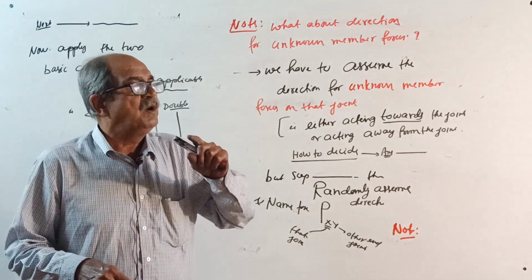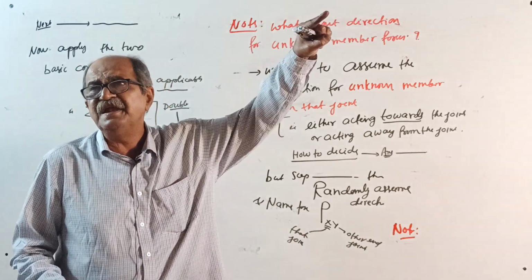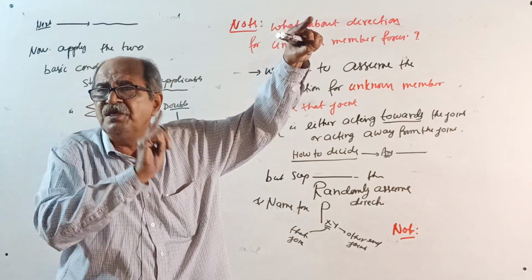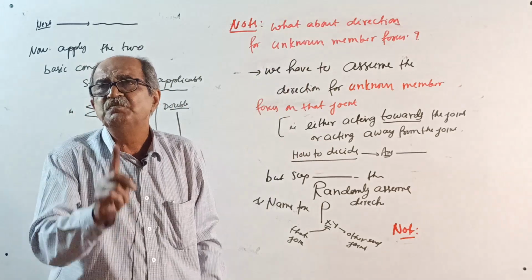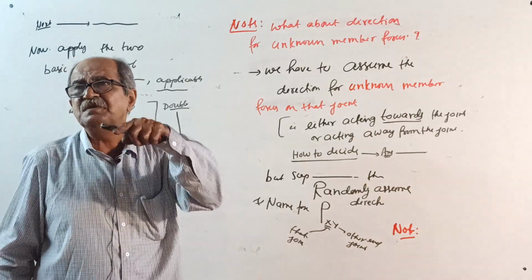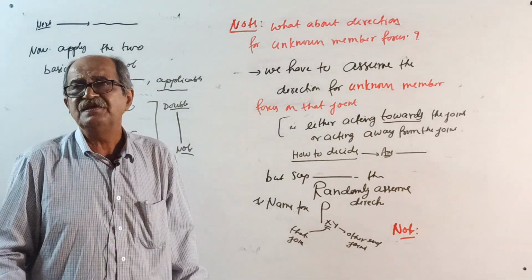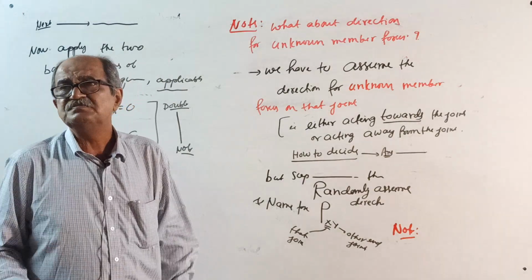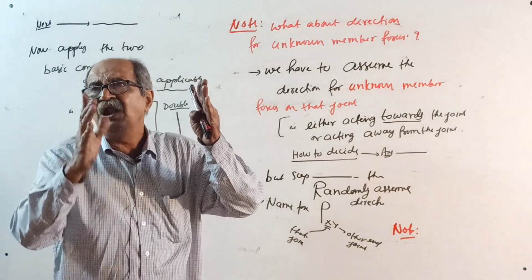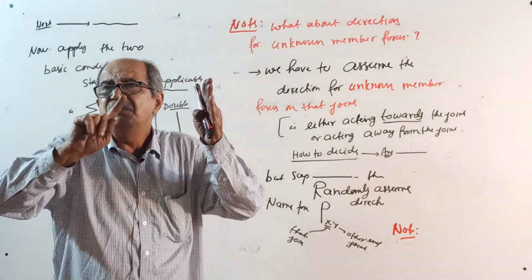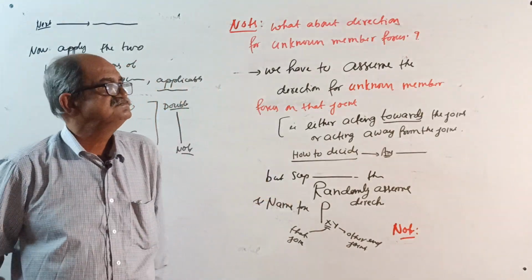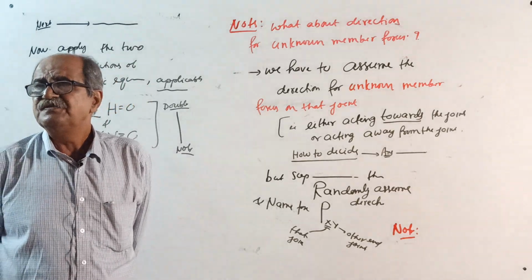If one unknown is inclined and the other is horizontal, eliminate the horizontal by applying sigma V first, then apply sigma H. Or, if one unknown is inclined and the other unknown is vertical, eliminate the vertical by applying sigma H = 0 first, then apply sigma V = 0.